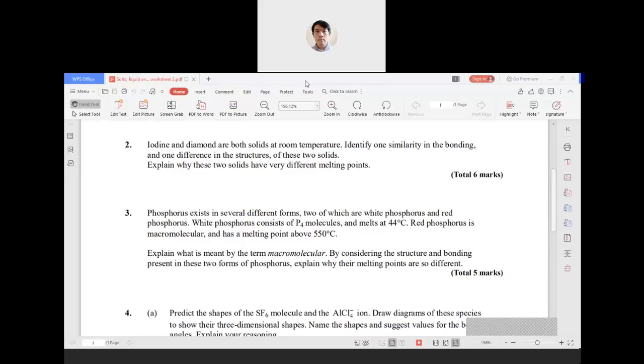Then this one, between red phosphorus and white phosphorus, the macromolecular. We know that macromolecular is like in giant covalent network and also in metallic lattice.